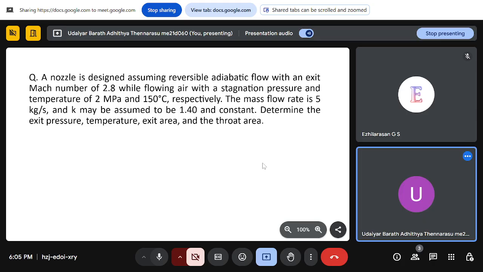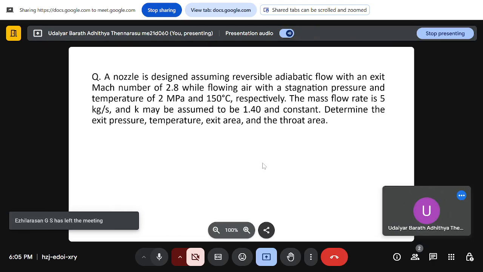So the flow can be increased either by increasing the initial stagnation pressure or by reducing the exit pressure. Those are the cases where you can increase your flow. With that, we'll move into seeing some problems in flow across the nozzle.